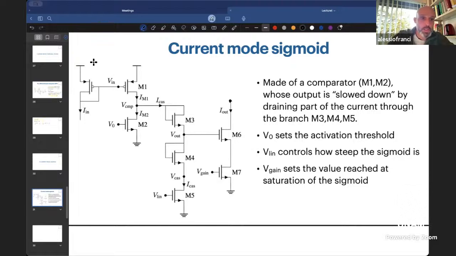So first of all, what you can recognize is a block that we saw last week, that is a Hurren mirror, that basically takes the input current that flows here, so I in, and copies it into this branch here. So what you have here is a copy of the current that flows here. So this is the input of your system.